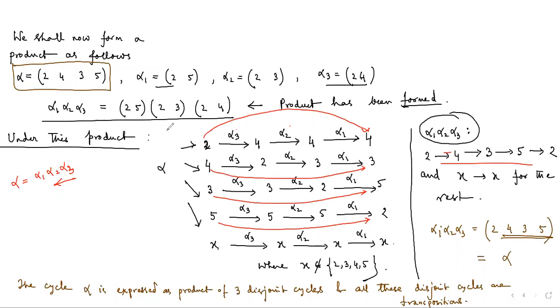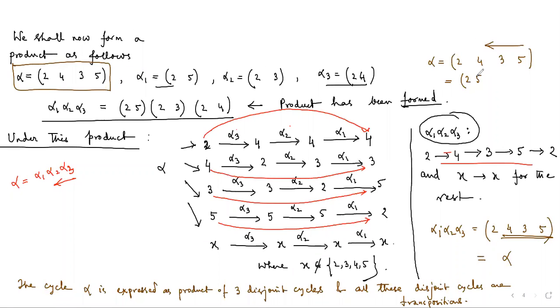Now you see that we are able to express alpha in the following manner. So we had the cycle 2, 4, 3, 5. Any cycle of this particular form can be expressed as the product of transpositions. So the rule is that we will first write 2, and then we'll move from right to left.